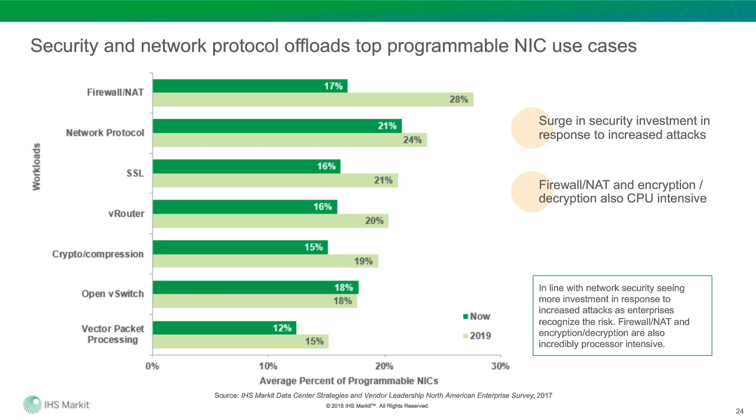And actually, they had told us in the same survey earlier that they are increasing their investment in security, and we can see that one of their investments is going towards the programmable NIC. And firewall and NAT and encryption and decryption are incredibly processor intensive, so prioritizing co-processing for security applications is not at all surprising.